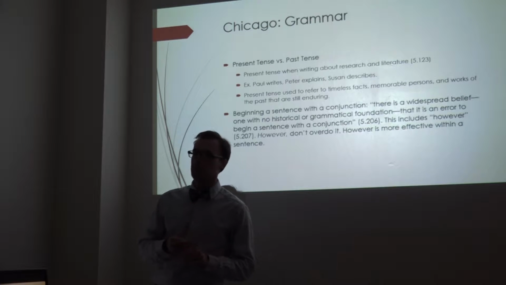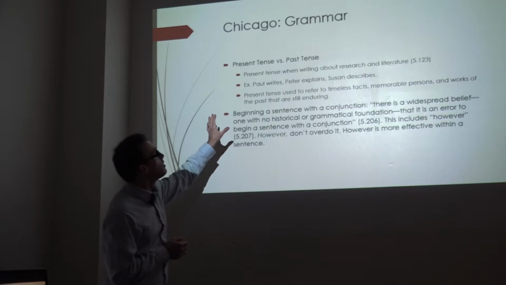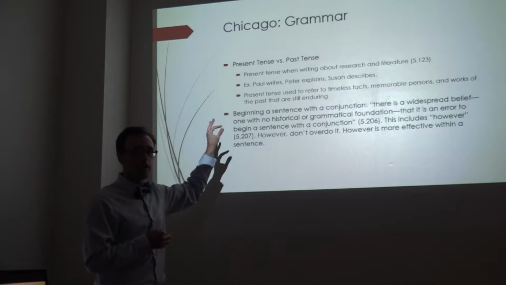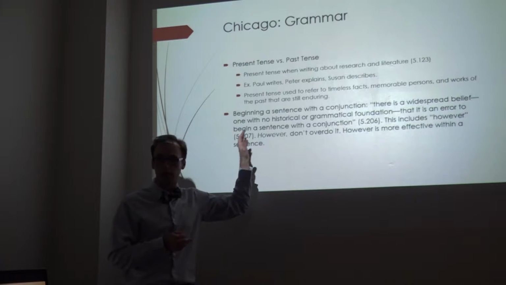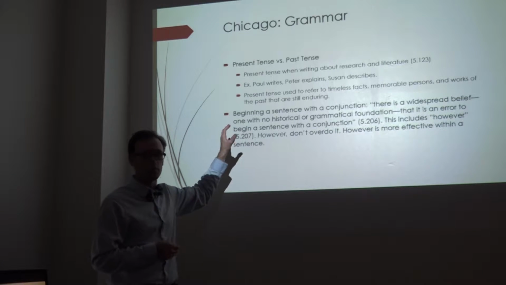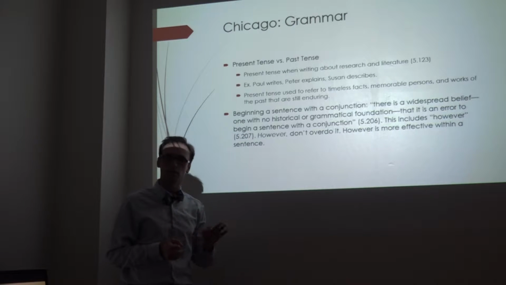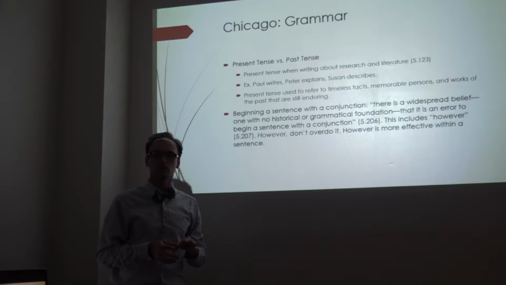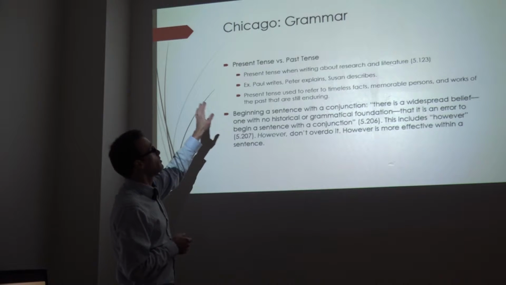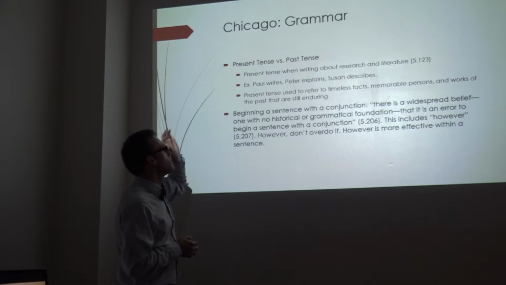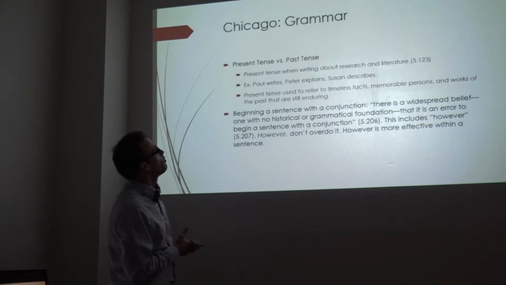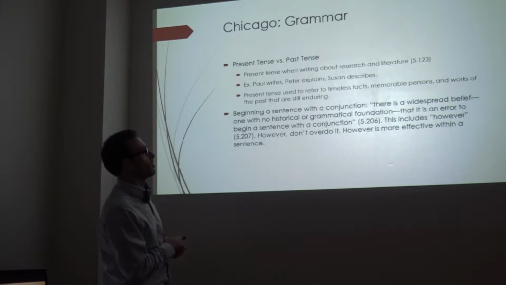Present tense versus past tense. Chicago, especially the Dissertation Manual, prefers present tense. When you're writing your dissertations, we prefer present tense, at least I do when I'm format checking. An example of this is present tense when writing about research and literature.